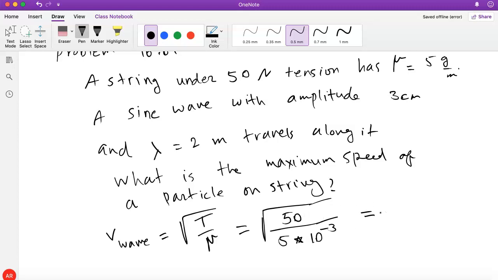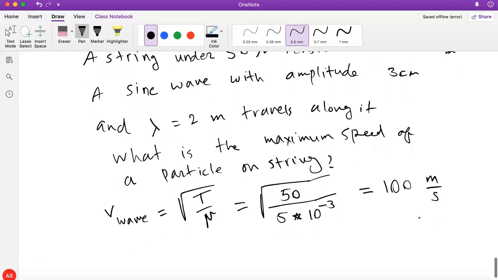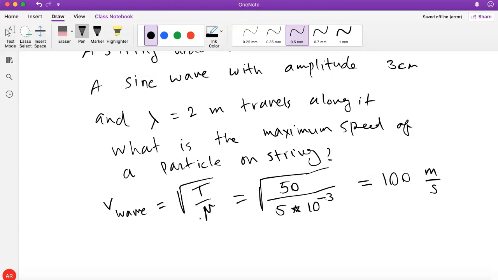So it seems it's 10 to the 4. It's 10,000, the square root should be 100, and that's in meters per second. We put everything in SI units here. We know lambda in meters, that's good. So we know lambda, we know the speed of the wave.